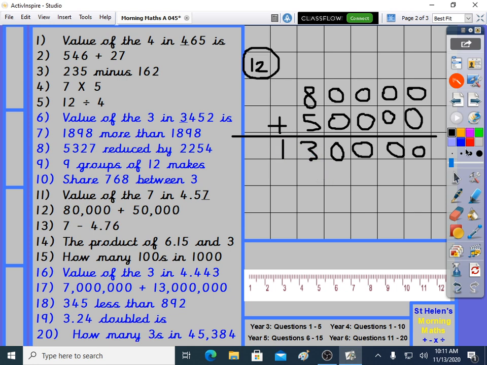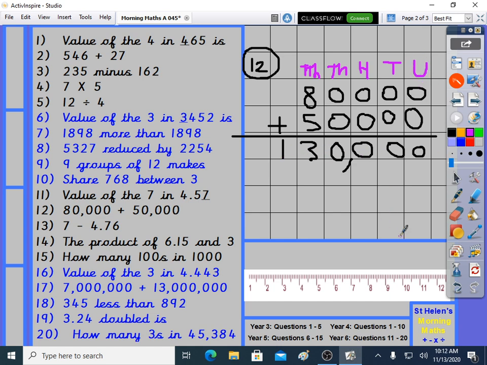Now we have 130,000. There's a lot of ways of saying that. 130,000 is how we'd usually say that. But you could say it was 13 tens of thousands, 13 10,000s. You could say it was 1,300 hundreds. You could say it was 13,000 tens, or of course 130,000 units.